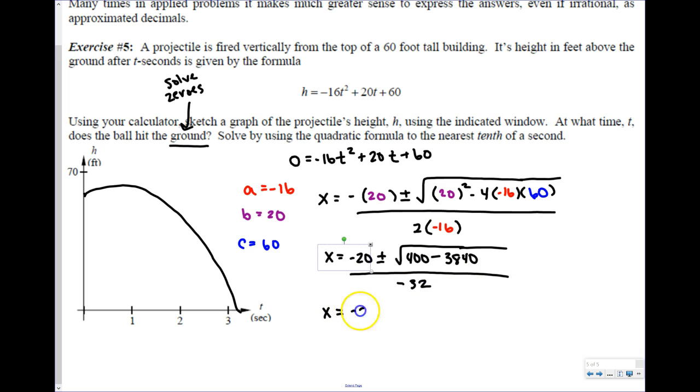Keep simplifying. I get negative 20 plus or minus, oh, sorry, this is plus. Plus or minus the square root of 400 plus 3840 is 4240, all over negative 32. Okay. Now, when I use my calculator, I have 2 separate problems right now. So this is going to split.